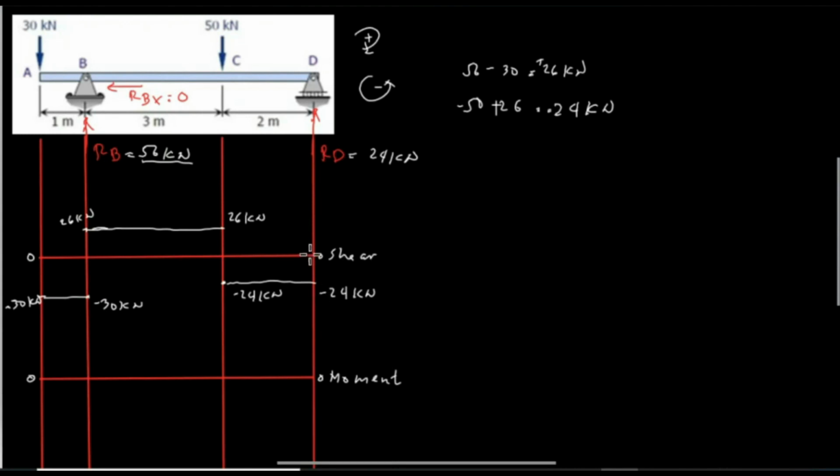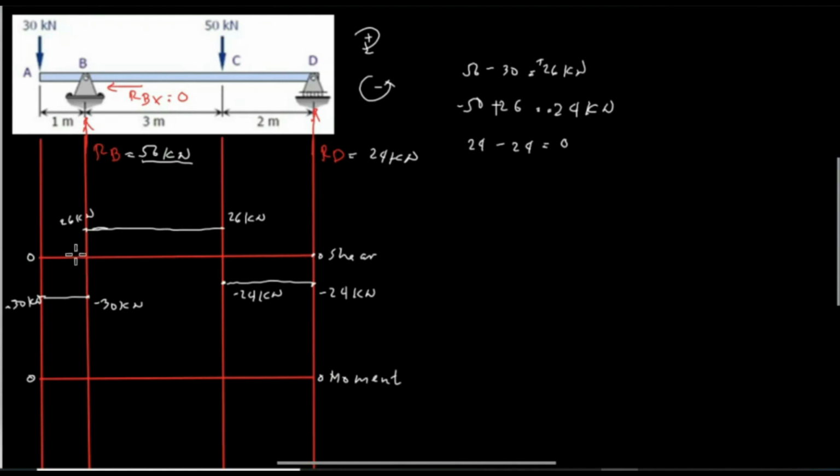And then at point D, we have a reaction D, which is 24 kilonewton, and it is upward. From negative 24, we go up 24 kilonewton, so 24 minus 24, and the value is 0. And this is the point for point D.